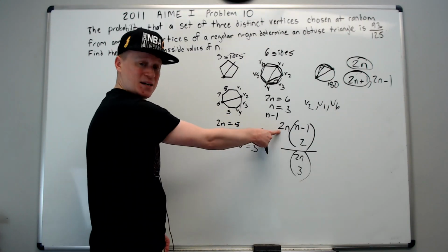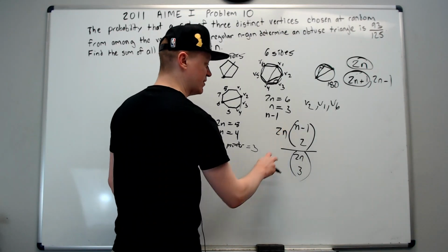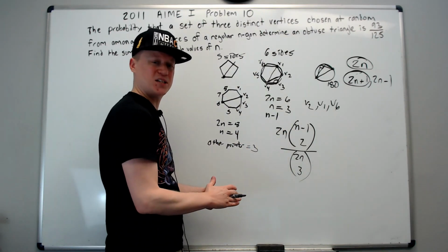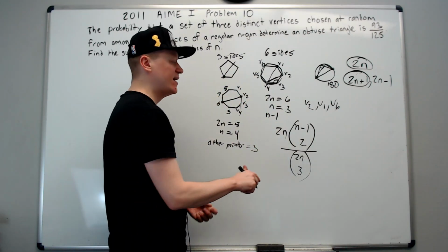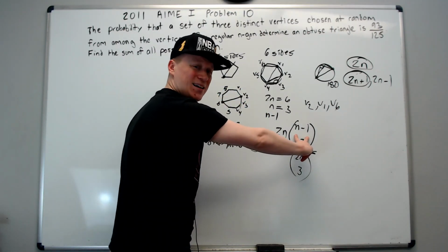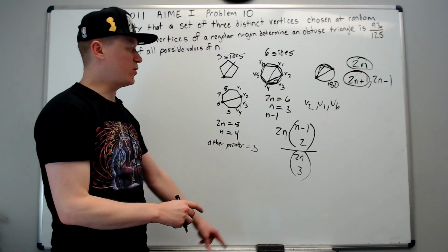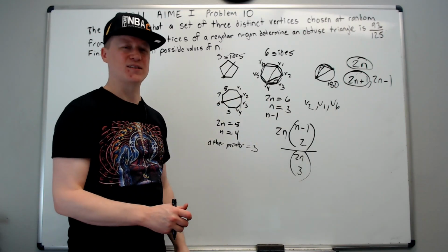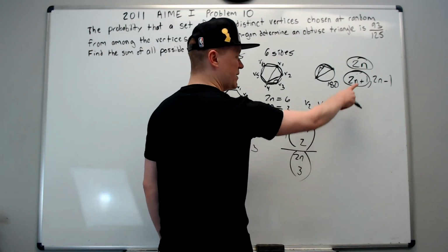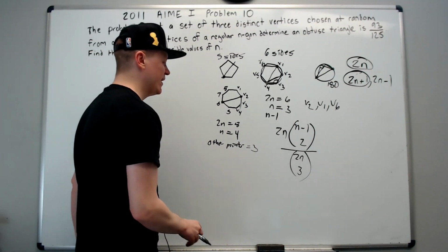It's basically the fundamental counting principle: the number of ways to choose the first point, which we're calling the leftmost point, times the number of ways to choose the other 2 points, over the total number of ways to choose 3 points from an n-gon that has an even number of sides. We would need this to be equal to 93 over 125. Okay, let's go from there.